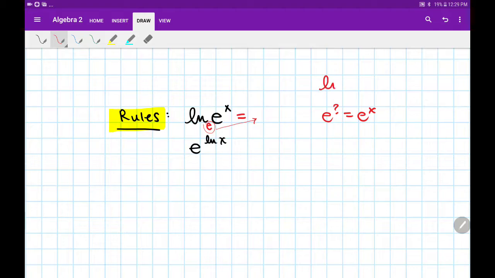So what I really did right there was I went from log form, I wrote in my base e, I brought down the e to the x, and I set it equal to e to the power of question mark. Well, what does that question mark have to be? E to the what power gives me e to the x? The only answer is x.